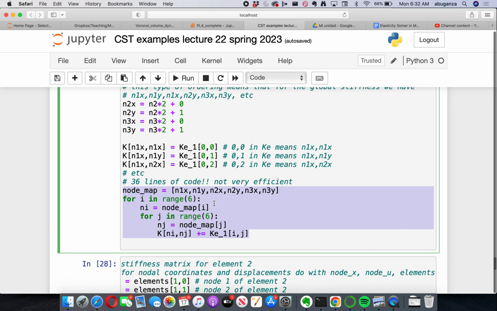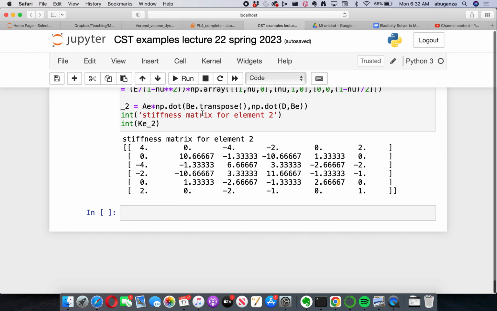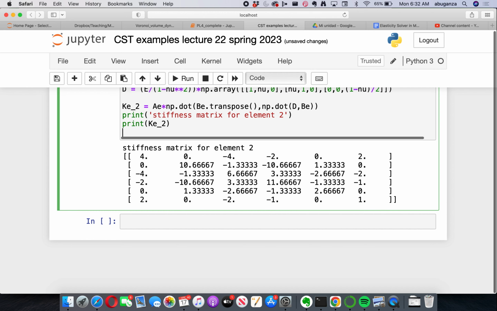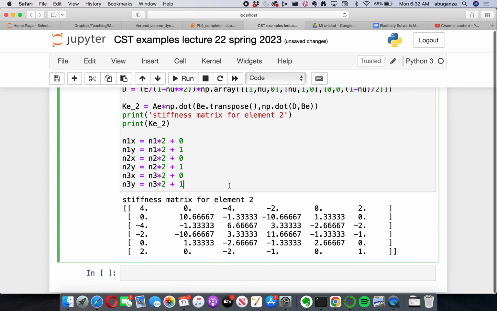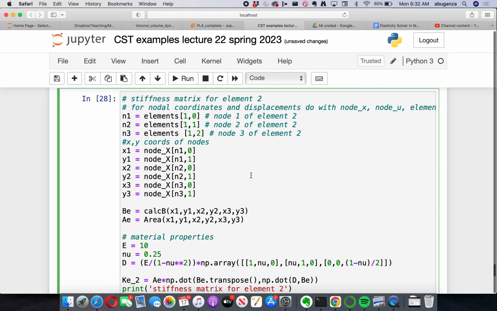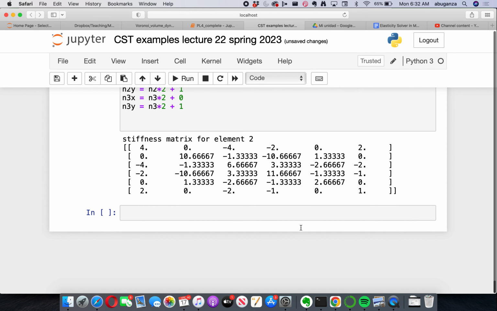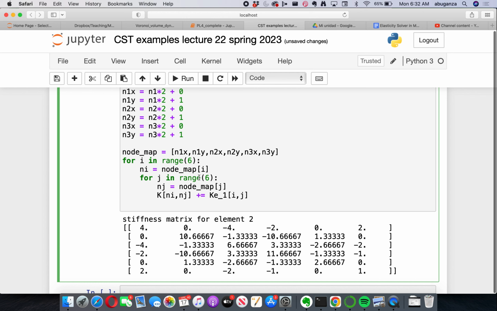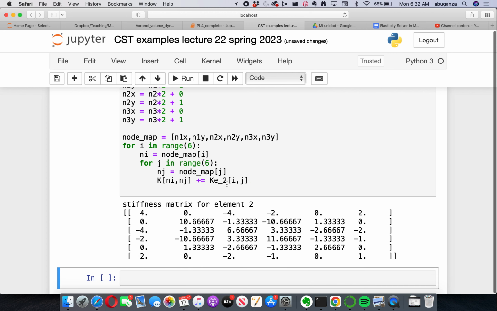So I need to copy also this. Let me copy this first for the assembly. Copy that, and then copy this. There we go. So now I have done also the assembly into the case.